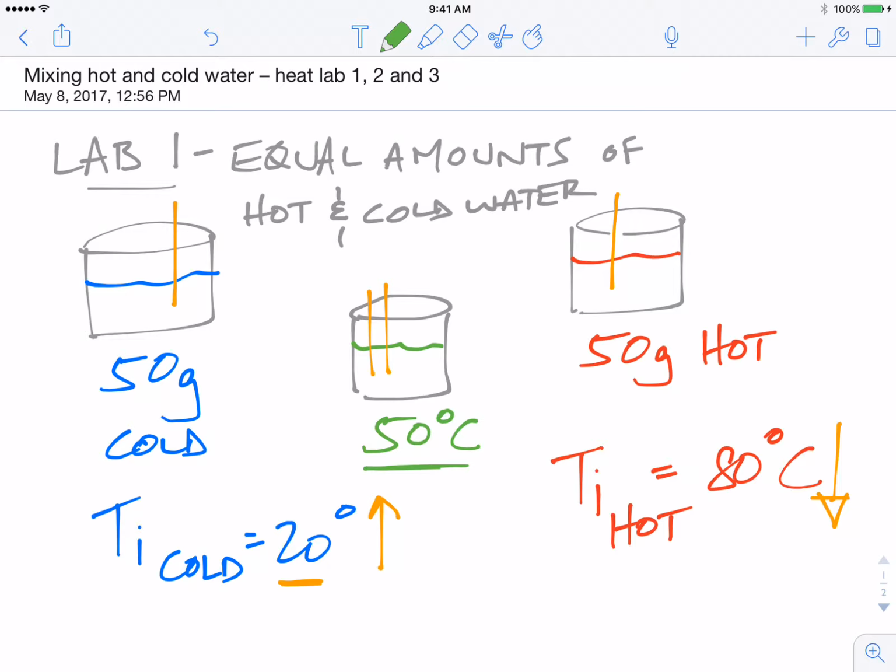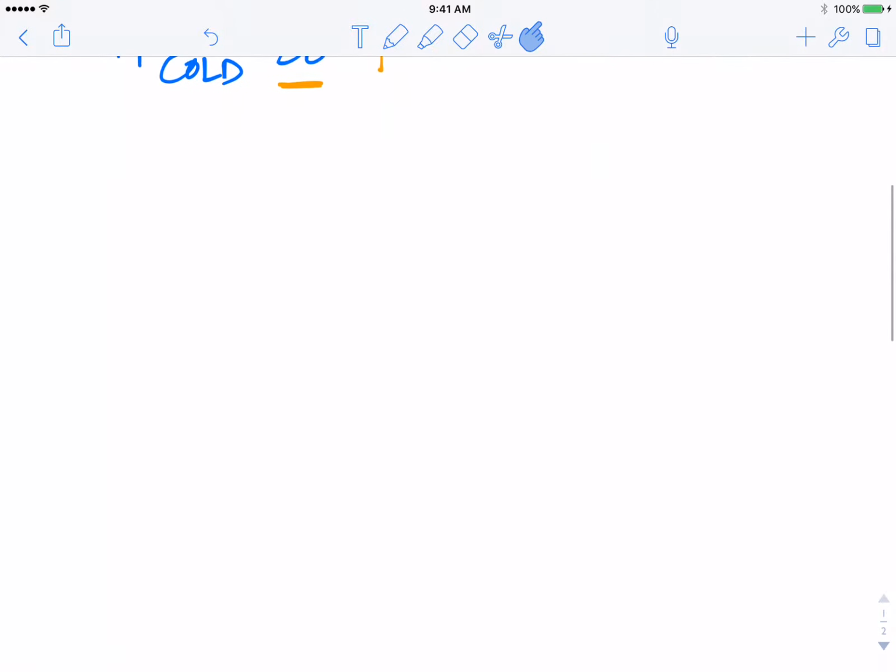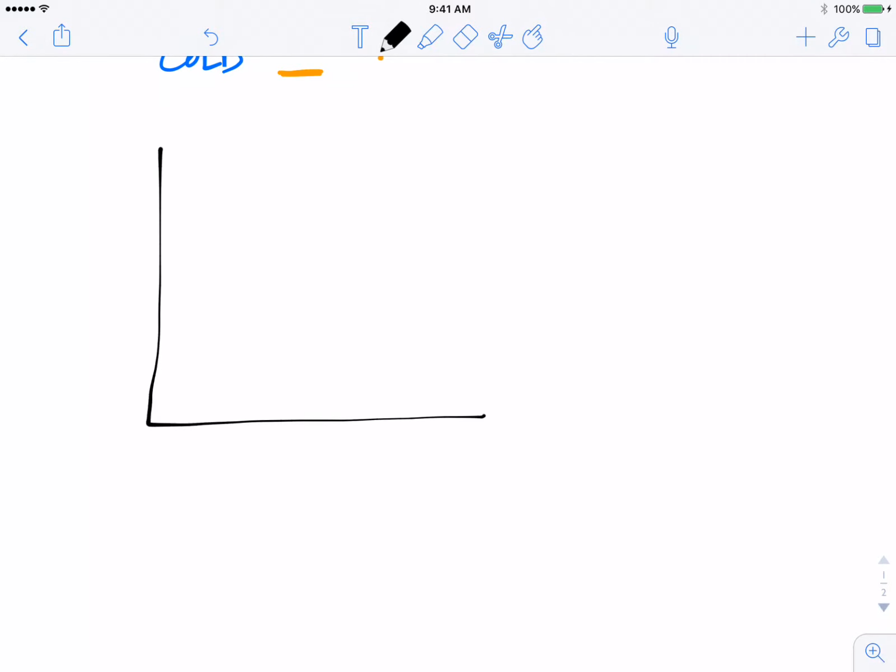Okay, so that's sort of the basis of it. And from here, what we're going to do is draw a graphical representation of what we should see. So in our graph, we have a little graph here.